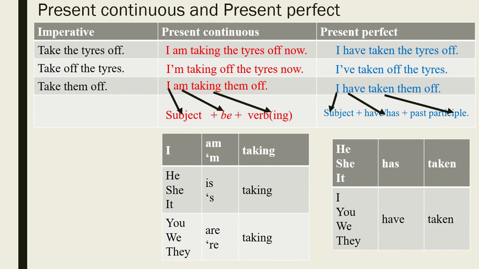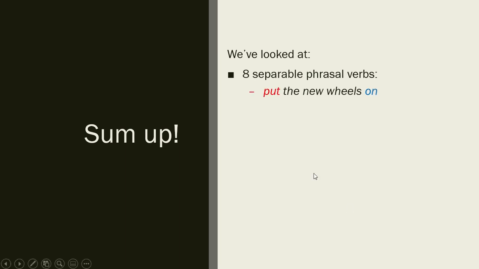Let's quickly sum up what we've learned. We have looked at 8 separable phrasal verbs, that is, 8 phrasal verbs that can be separated. Like here, we have put the new wheels on. So the object is between the verb and the adverb, and the object can come after the adverb.